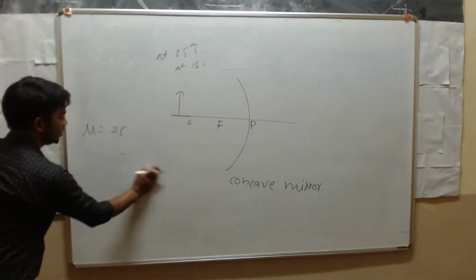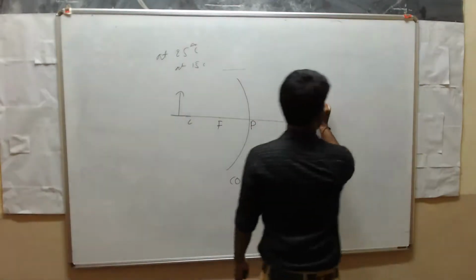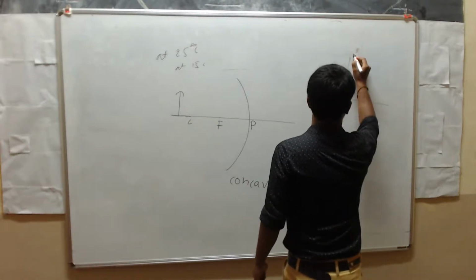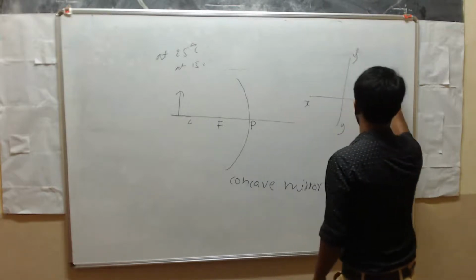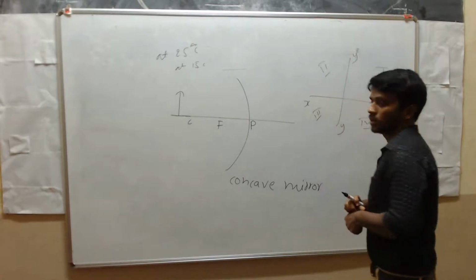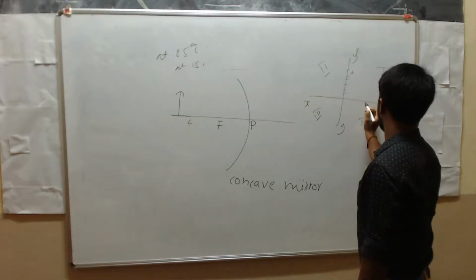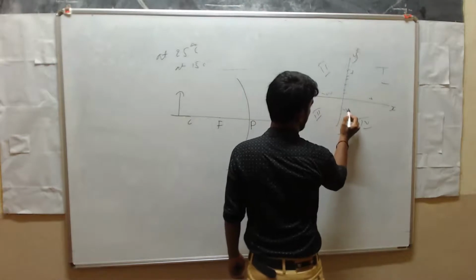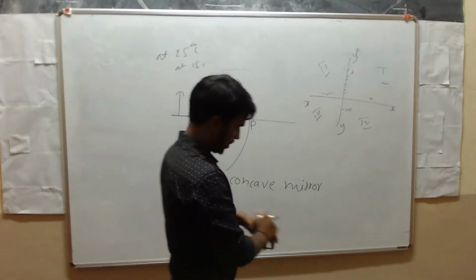Okay, sign convention rule. First, we take u and v according to the Cartesian coordinate system, that is the XY graph. We call these the first quadrant, second quadrant, third quadrant, and fourth quadrant. Here these are positive x values, and these are positive y values. These are negative x values, and these are negative y values. Now we have to make one assumption.